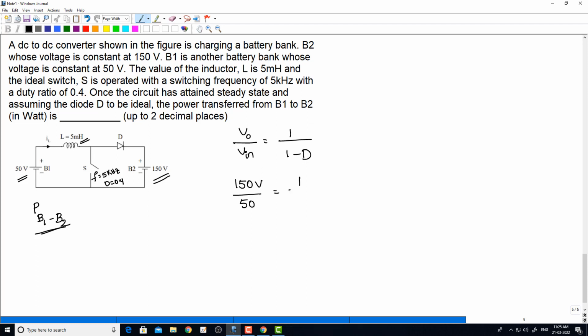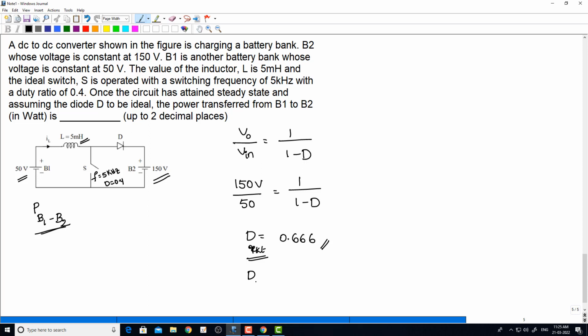So, we need to find out the duty ratio of the circuit, that is D equal to 0.66. Based on the input and output voltages, we found that the duty ratio of the circuit is 0.66.